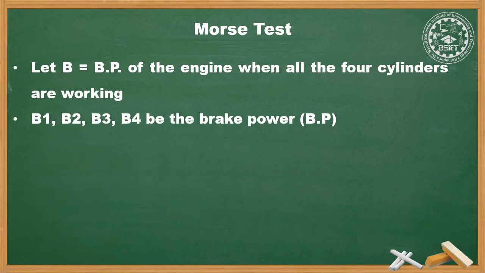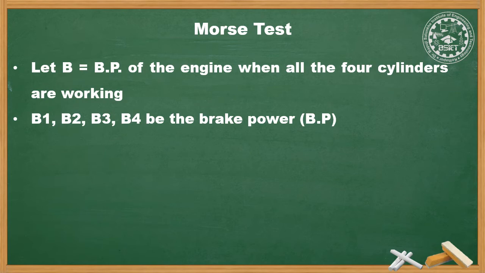Let B1, B2, B3, B4 be the brake power when the respective cylinder is cut off. That is, when the first cylinder is cut off, the brake power obtained will be known as B1. When the second cylinder is cut off, the brake power will be B2. When the third cylinder is cut off, it will be B3.